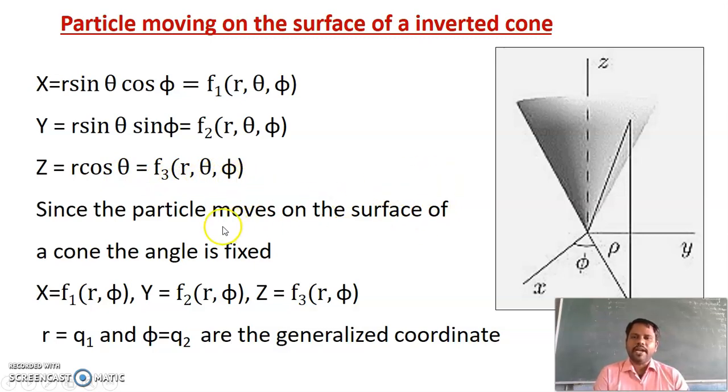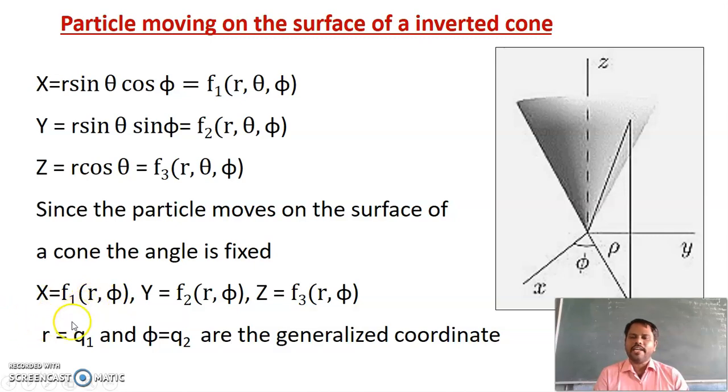Since the particle moves on the surface of a cone, the angle theta is fixed. Hence, r and phi will be sufficient to describe the motion of a particle moving on the surface of an inverted cone. Then x, y and z reduce to two coordinates, namely r and phi.